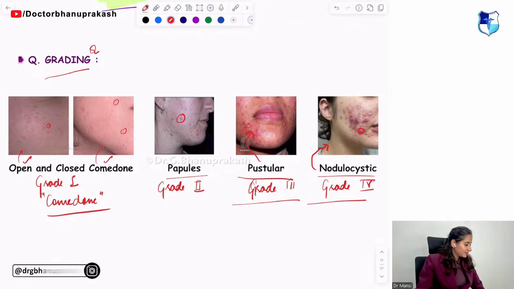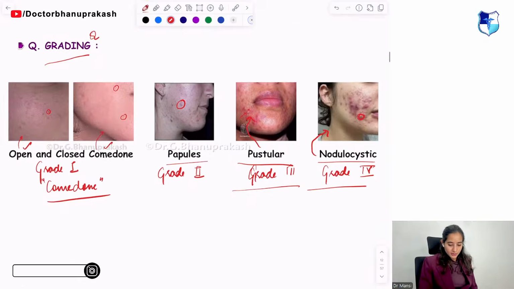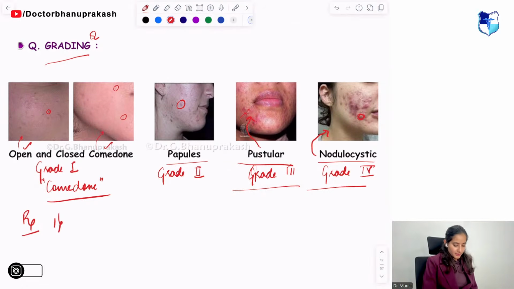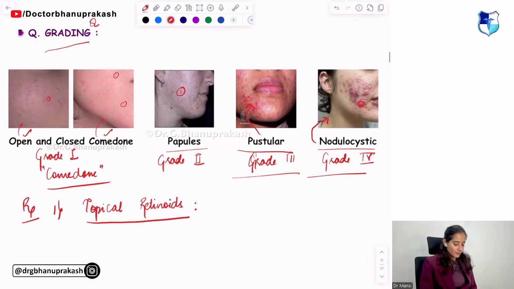Can we move ahead? Treatment. Anirudh, isotretinoin, topical, yes, can be given for grade 4, but you can't give it for grade 1. So treatment for grade 1, classically comedonal acne, you use topical retinoids. Please just be careful, this is something which you should know.